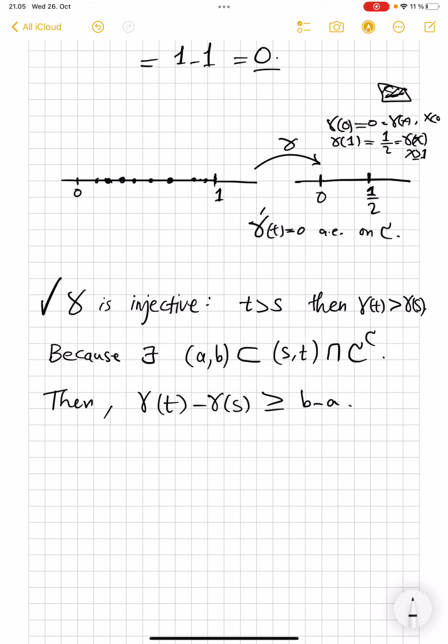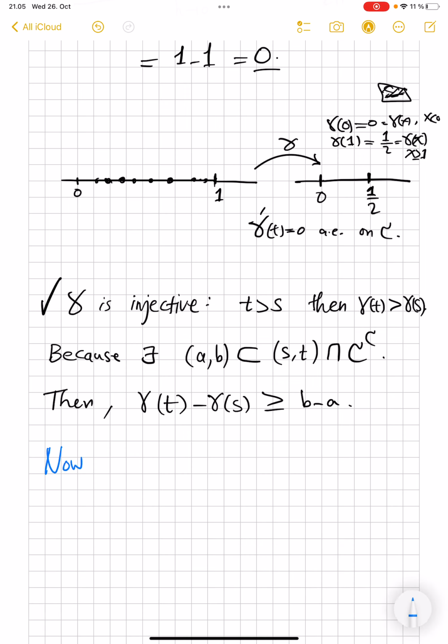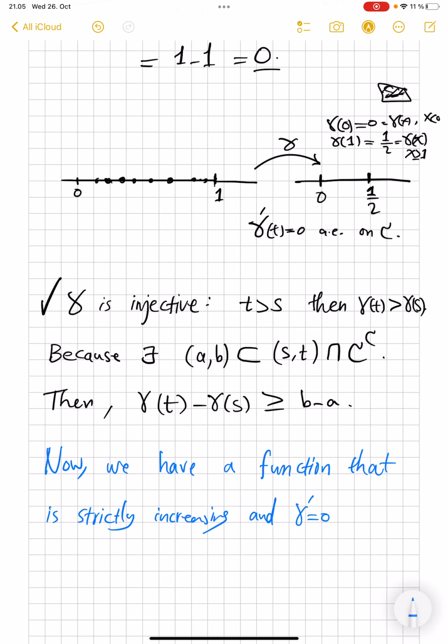Now we have an interesting example, because we have a function that is strictly increasing and gamma prime is 0 almost everywhere on a set of positive measure.